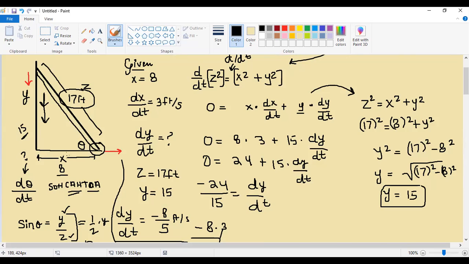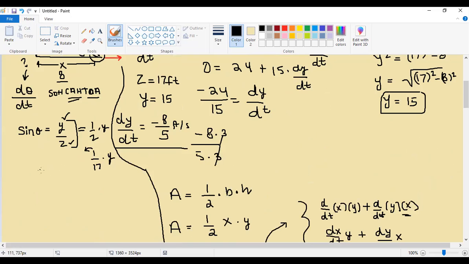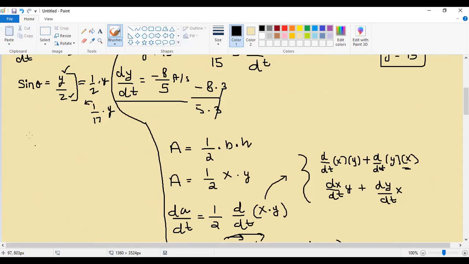We want to actually treat z as constant, because despite the rate of change, despite the ladder moving downwards at whatever given rate, z is a constant, the length won't change. So it's best if we use sine or cosine. And in this case, let's just go ahead and use sine. So we agreed that we were going to use sine theta as being y over z.